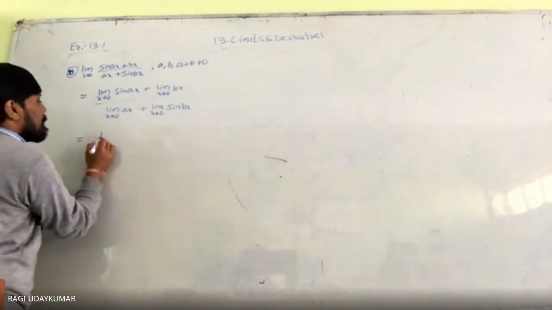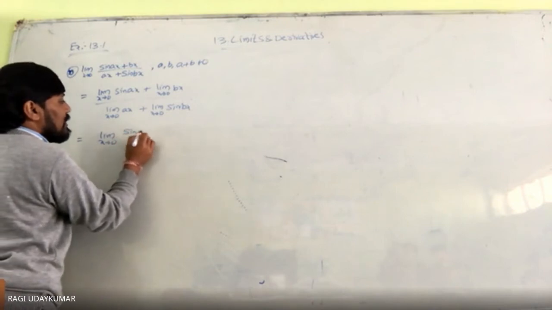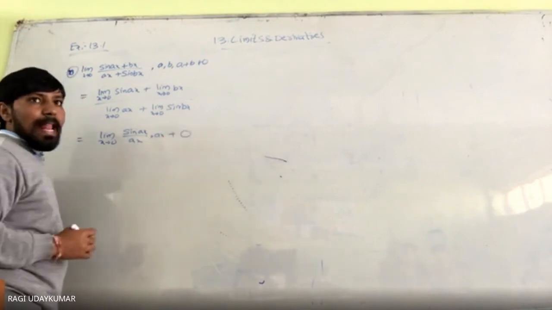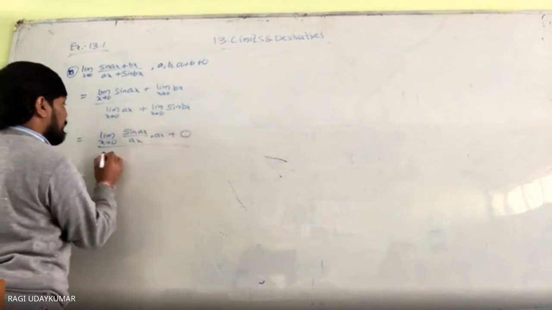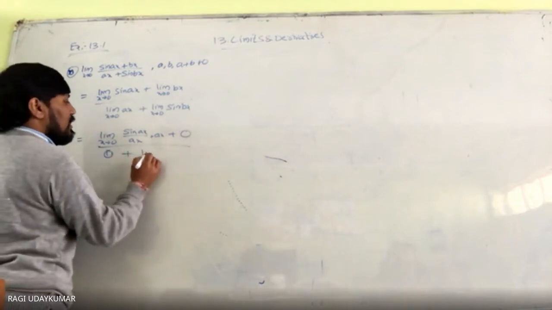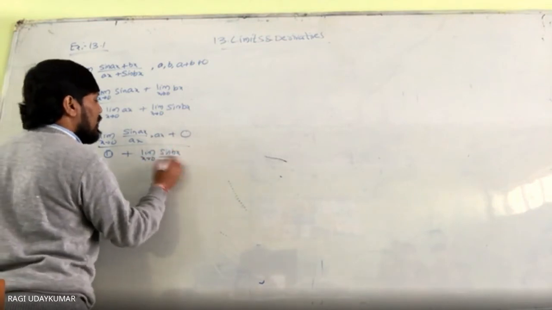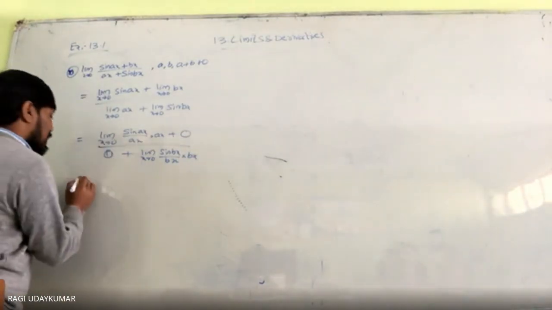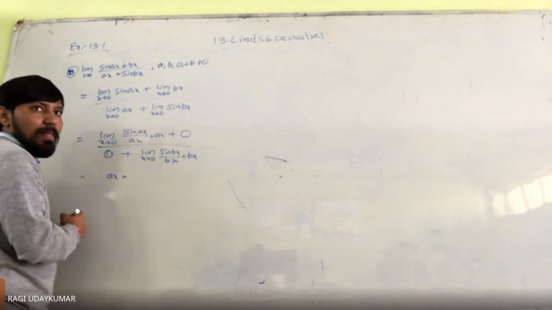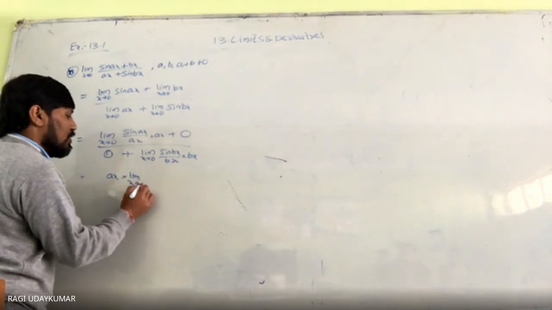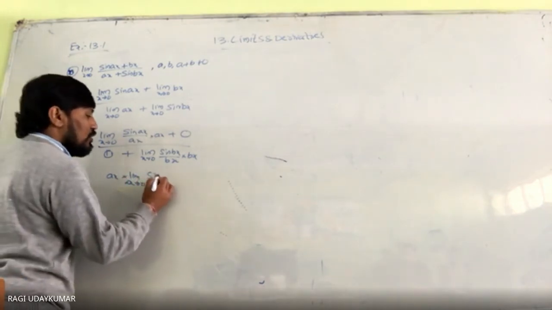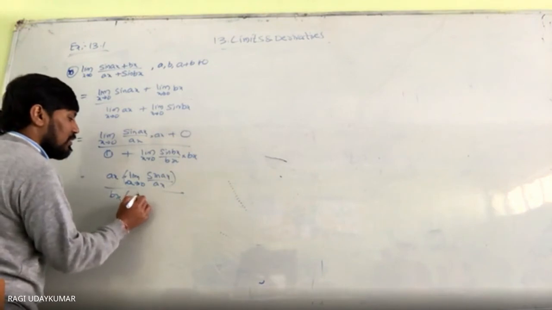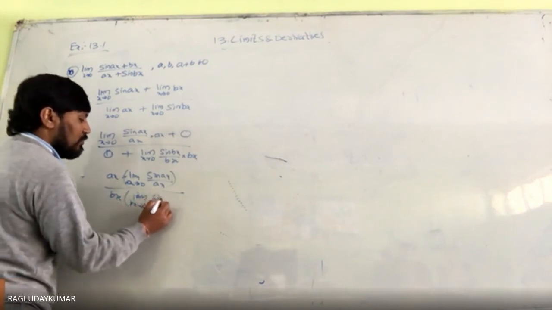Sir, see here. Limit x tends to 0 of sin ax by ax into ax, this plus 0. Substitute 0, this limit also becomes 0, plus limit x tends to 0 of sin bx by bx into bx. If you take ax outside, ax tends to 0, sin ax by ax, and bx first, limit bx tends to 0, sin bx by bx.